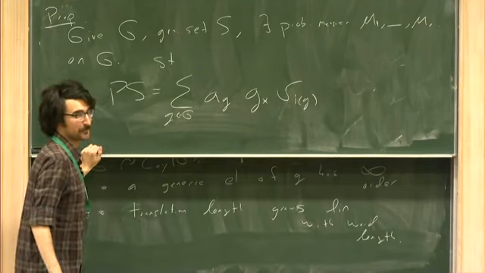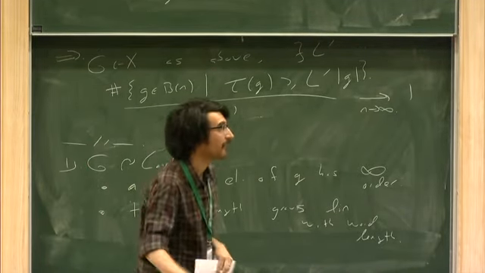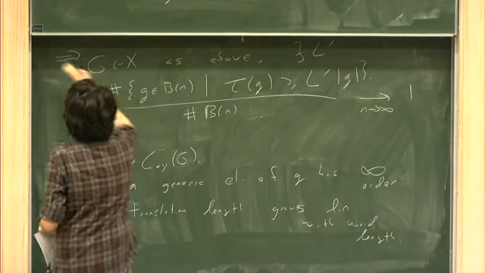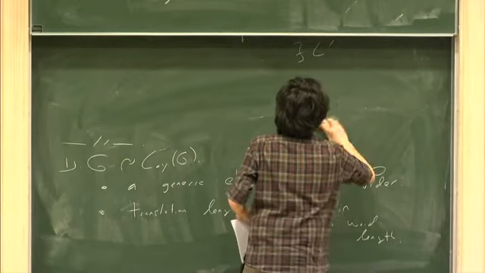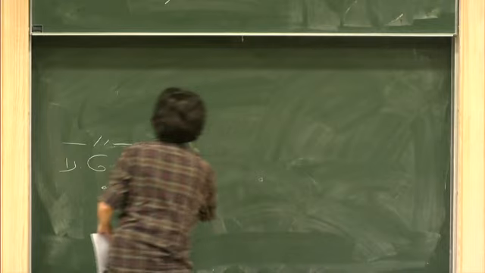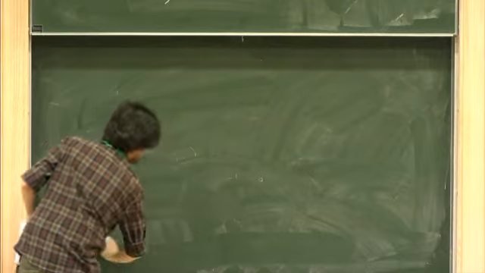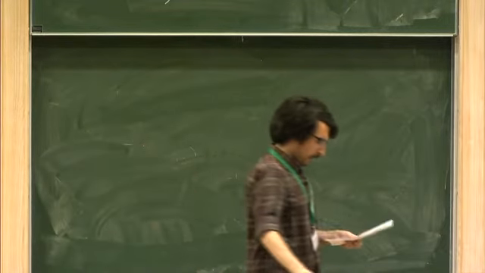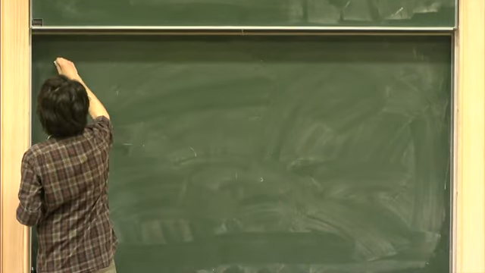I want to tell you what these symbols mean. Okay, where, so this is the sum, and these are measures on the boundary of G, recall. Okay, where?